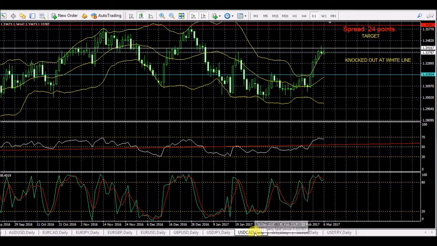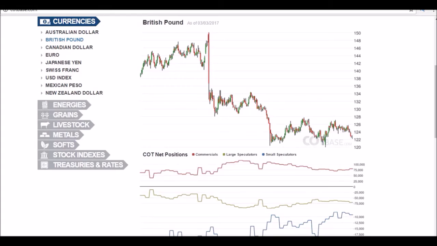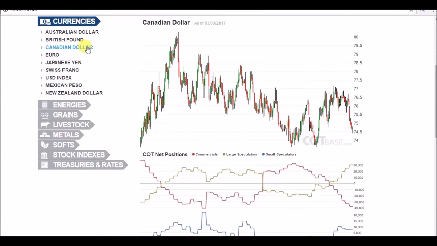Oh, the Canadian dollar. Let's have a look at the commitment of traders. God, this is awkward. Canadian dollar. Yes, here we go. It has actually got more of the commercials going short, and it's got more of the speculators going long. So you have this big gap between the two.